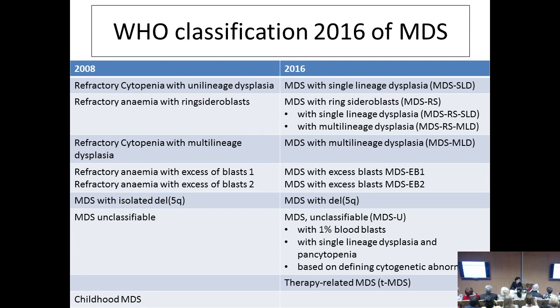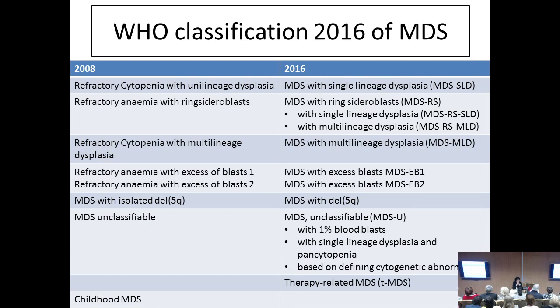You see here the classification 2008 and 2016, the update. In former times, in the 2008 classification, we had this refractory cytopenia with unilineage dysplasia. This has now been replaced by the expression MDS with single lineage dysplasia, and the acronym is MDS/SLD. And the refractory anemia with ring sideroblasts still exists in the new update of the WHO classification, but it is split into categories.